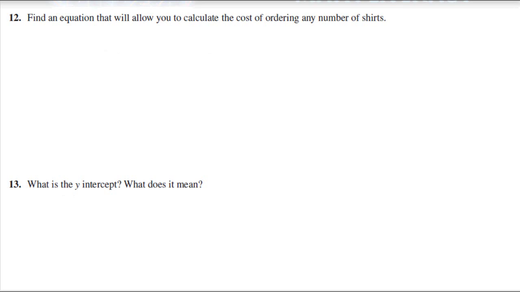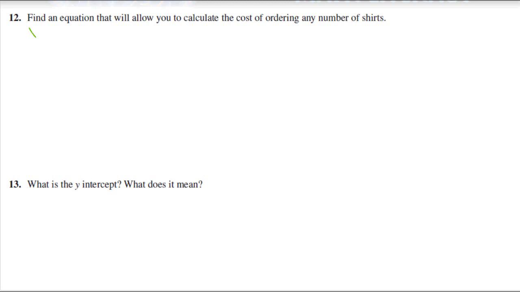Find an equation that will allow you to calculate the cost of ordering any number of shirts. Well, we've got 2 points. We've got our slope. We could use the point slope form. I'll go ahead and do it both ways. Really doesn't matter how you do it.